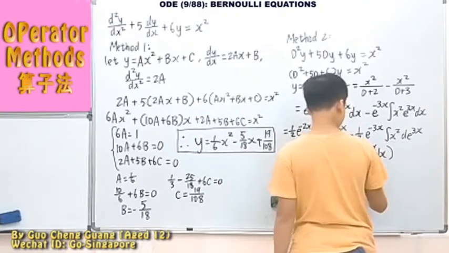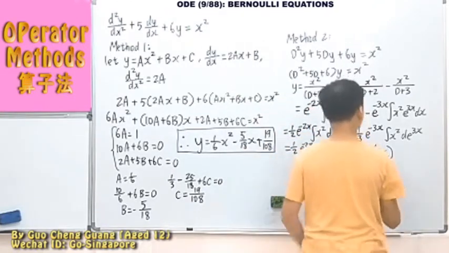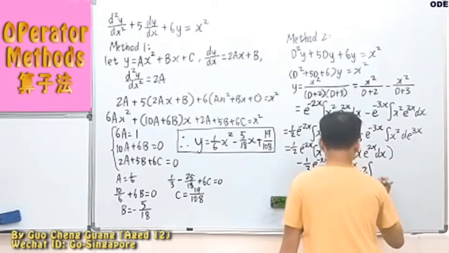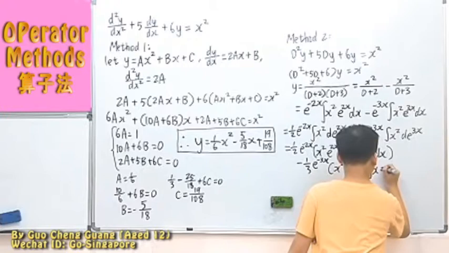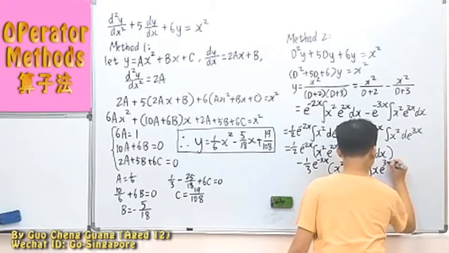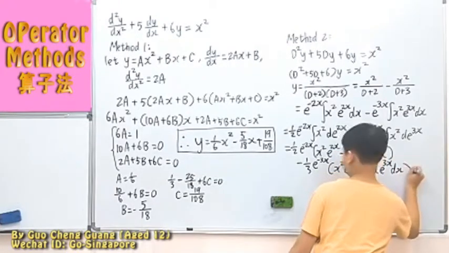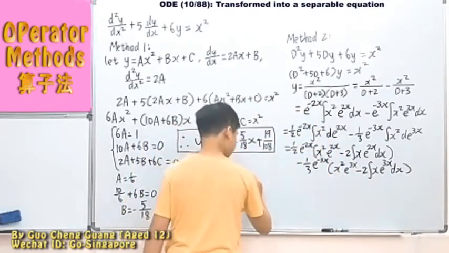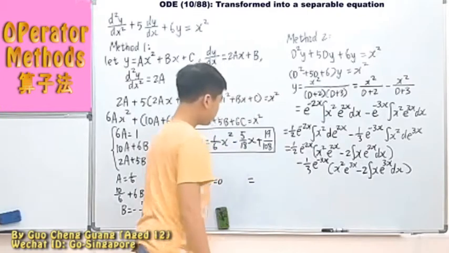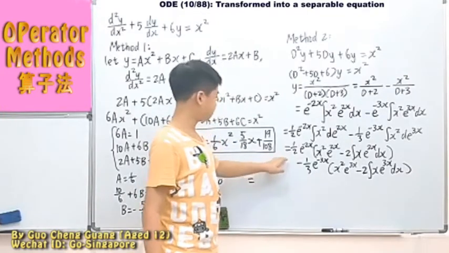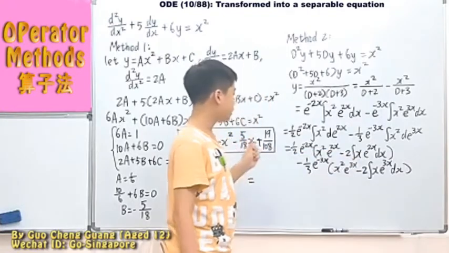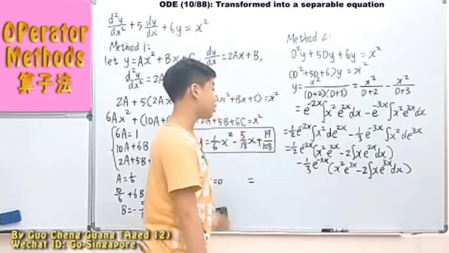So this part you minus, you have 2, because that is a square, so you have a 2 outside. Then integrate x e to the power of 3x dx. Then afterwards, for this part, from here, this will be the same, but the behind, you just continue using integral by parts.